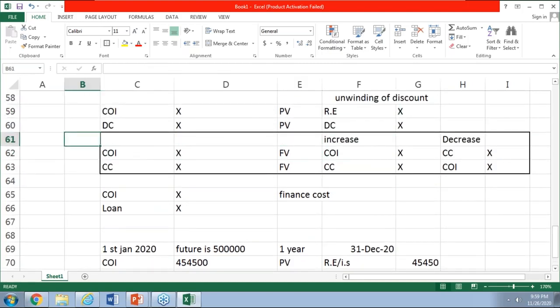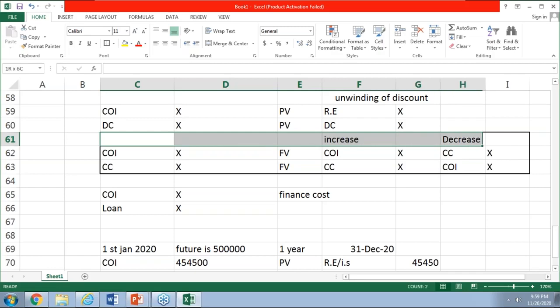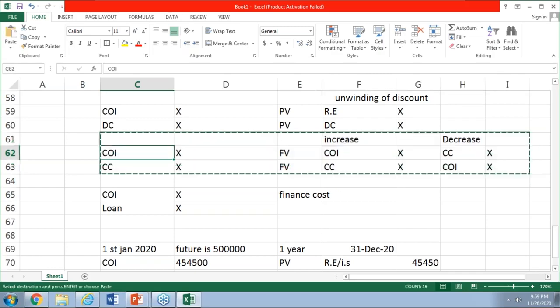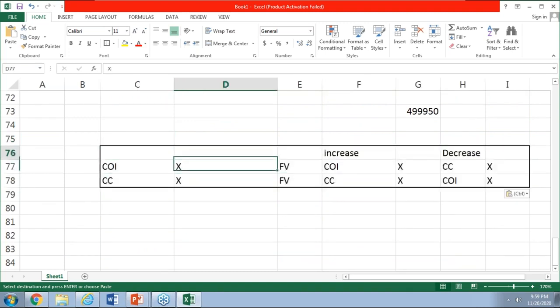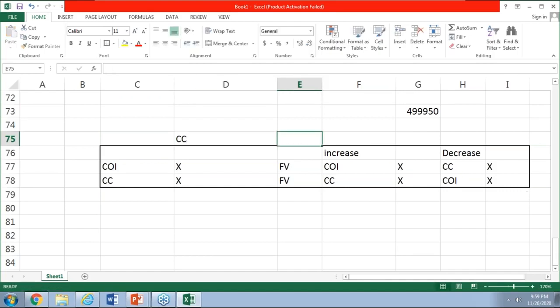Okay, the second thing is the contingent consideration. Suppose we have acquired a company and we have decided that we will pay you 500,000 in the future, but the condition is that certain targets should be met, then we will make the payment. So it is actually a conditional payment which will be based on some future contingent event.